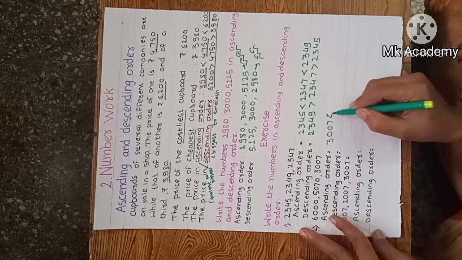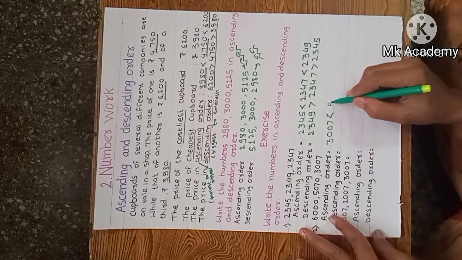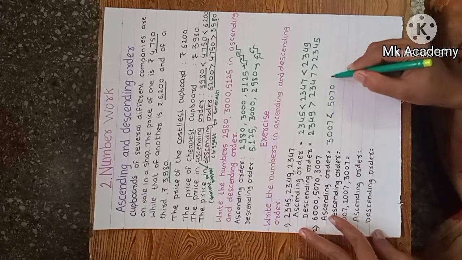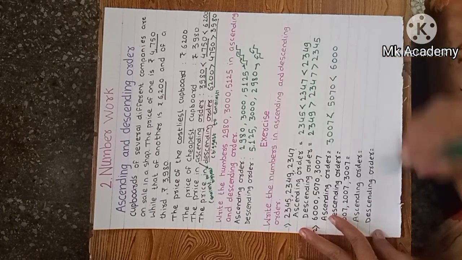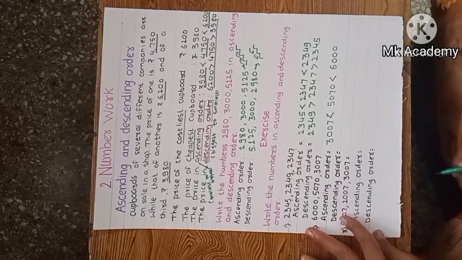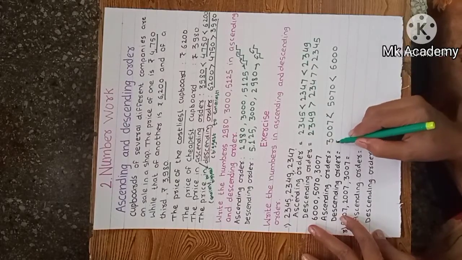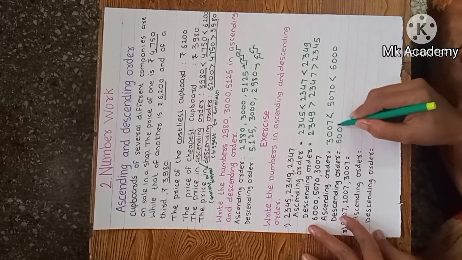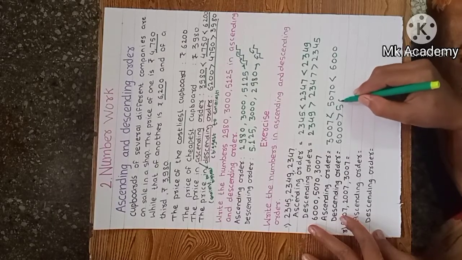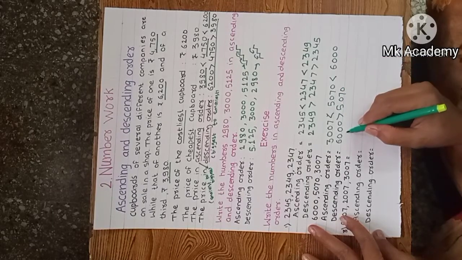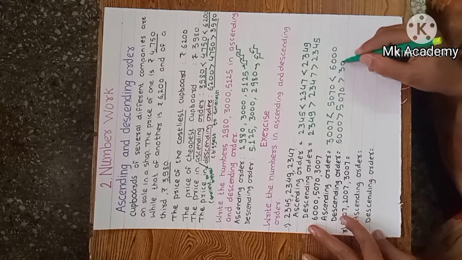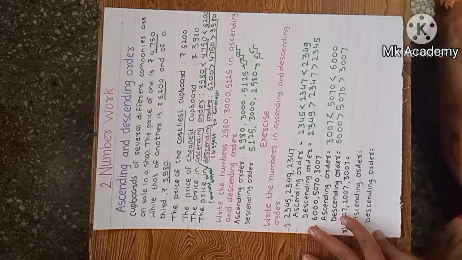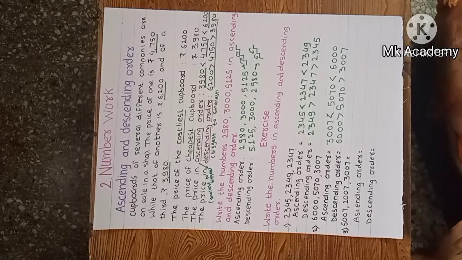Then 5070, then 6000, and now descending order. Descending order is very easy. First write down 6000, then 5070. This is the biggest number, then bigger, and then the smaller number 3007.